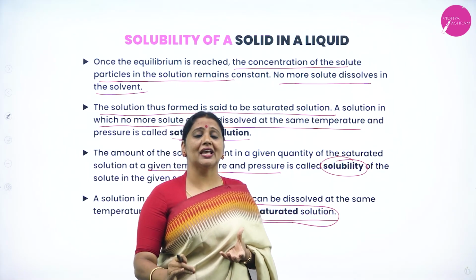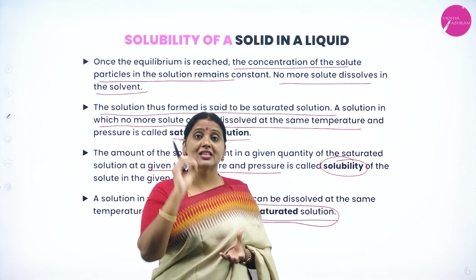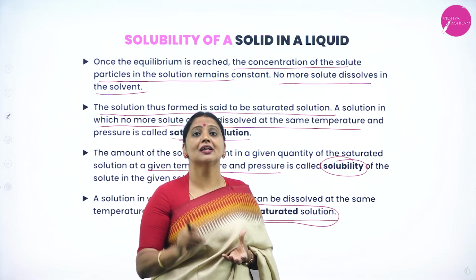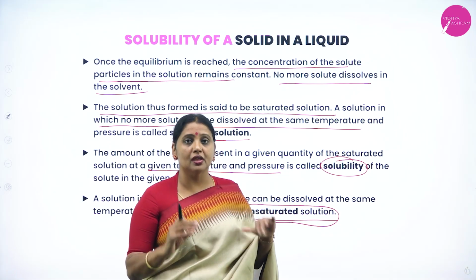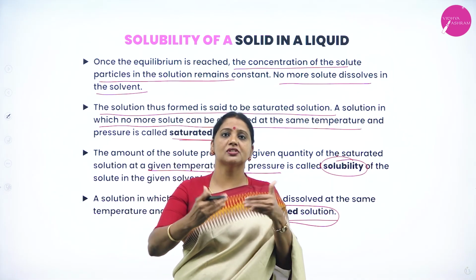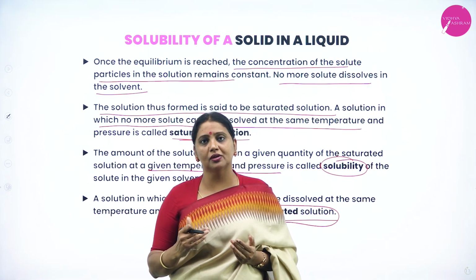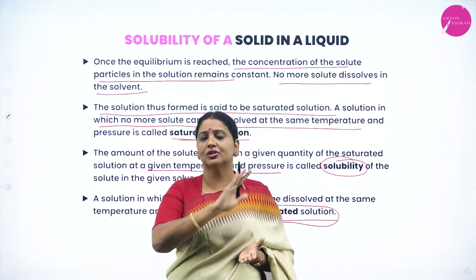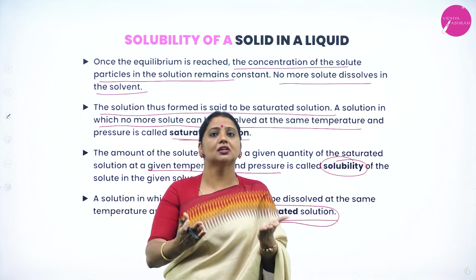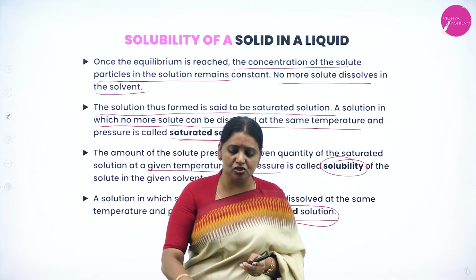Therefore, if you want to calculate the solubility of a solution, the solution must be saturated, at a given temperature as well as pressure. Today you heard about two terms: saturated solution, meaning no more solute can be dissolved, and unsaturated solution, meaning some more solute can be dissolved.